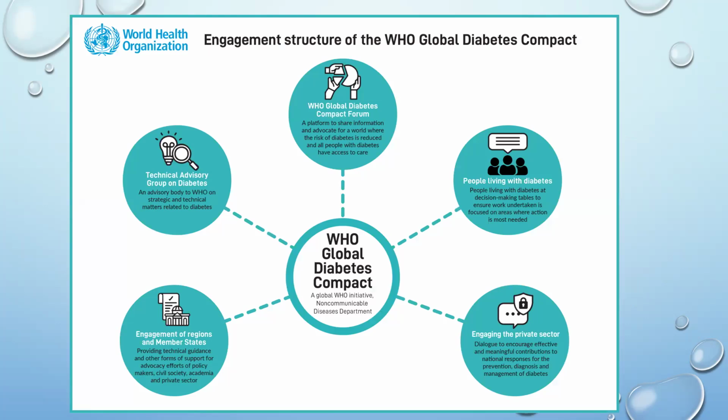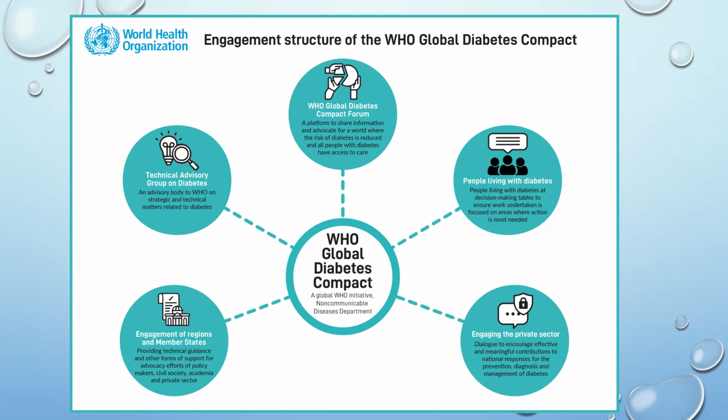These are the engagement structures of the Global Diabetes Compact. It includes the WHO Global Diabetes Compact platform, a platform to share information and advocate for a world where the risk of diabetes is reduced and all people with diabetes have access to care. People living with diabetes at decision-making tables to ensure work undertaken is focused on the areas where action is most needed.